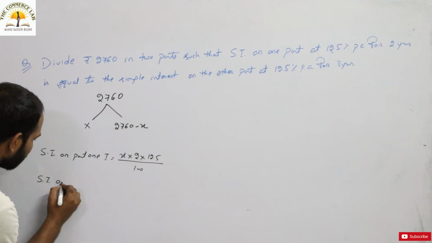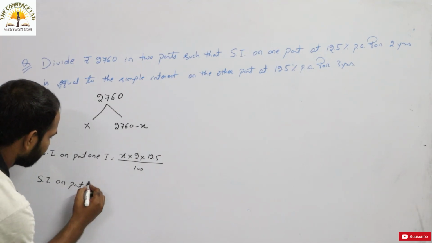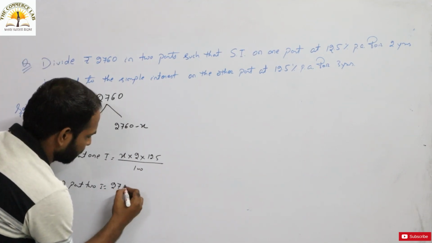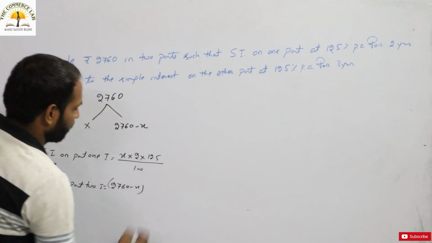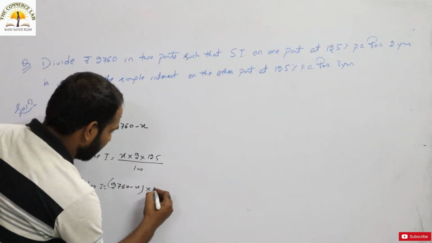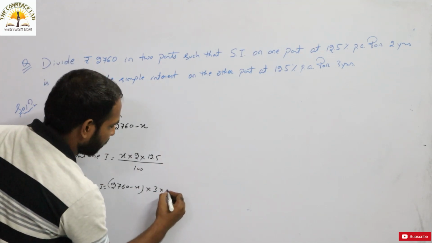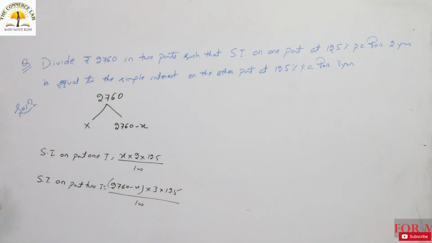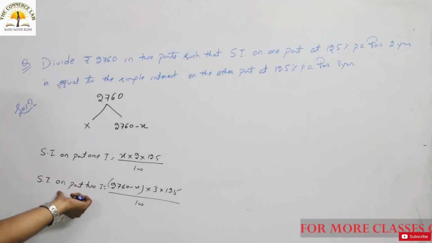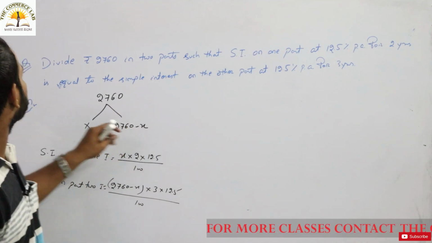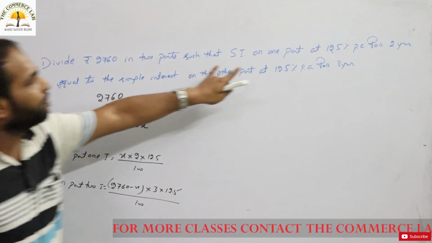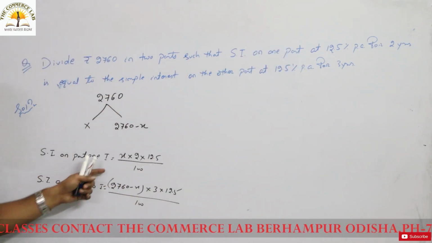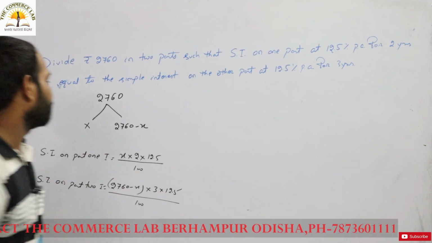Simple interest on part 2 is equal to principal 2760 minus x multiplied by T, 3 years, R is given 12.5. It is given that the simple interest on part 1 is equal to the simple interest on part 2. That means these both are equal.